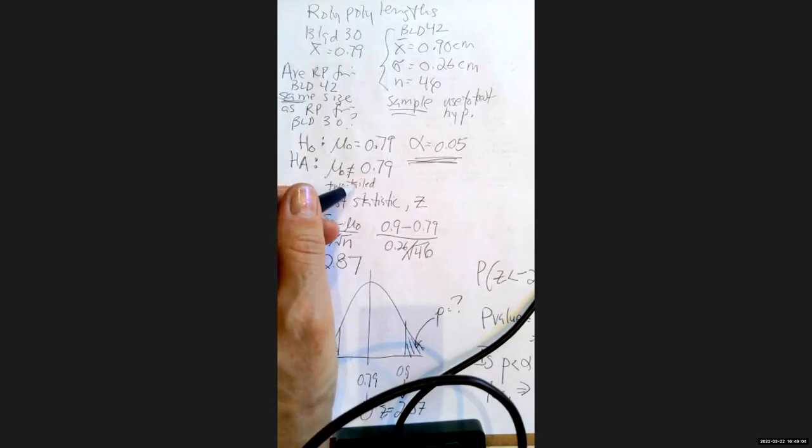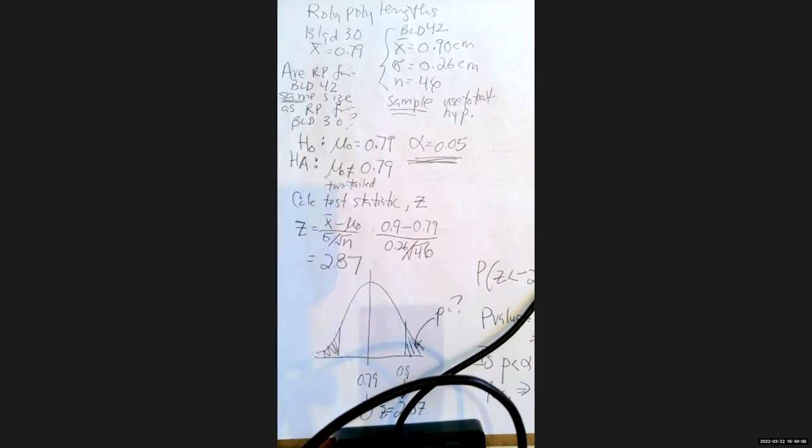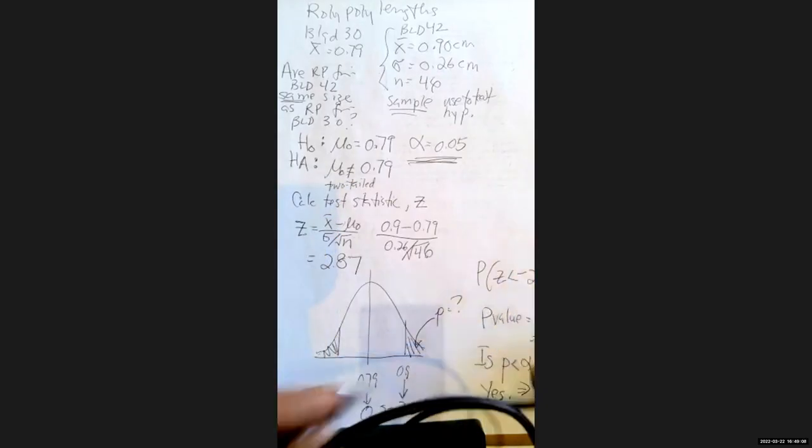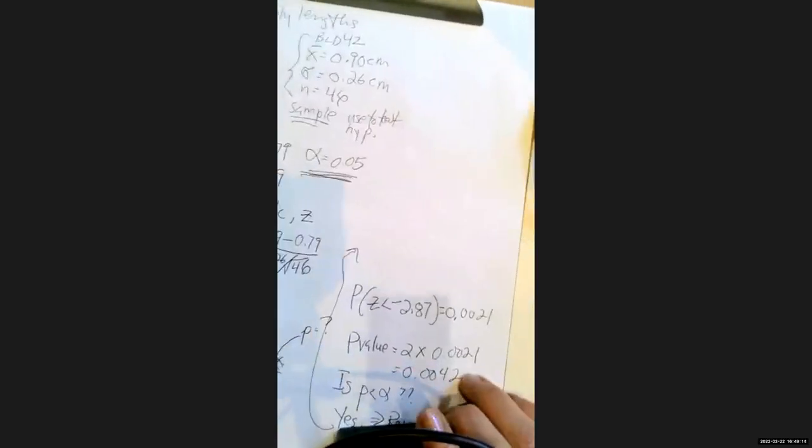And because I rejected the null, my p-value was small, I'm going to write out my result here. I get to say, I found that there was a statistically significant difference.